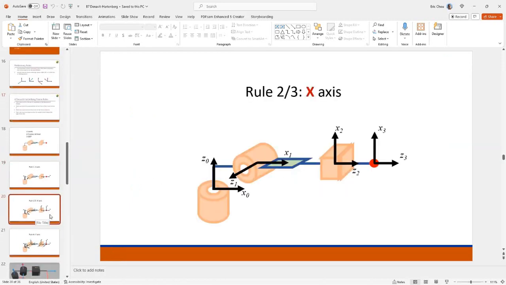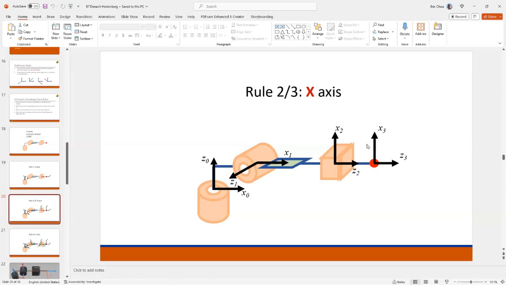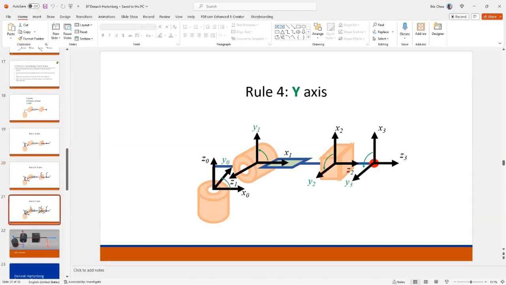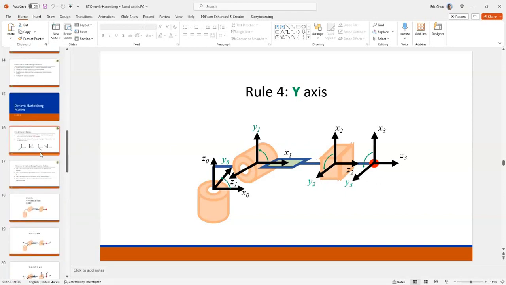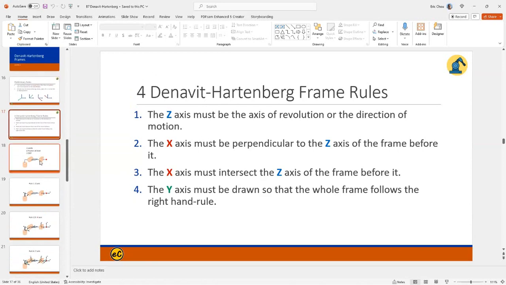So x must be perpendicular to the Z, so we assign some x there. The y direction must follow the right-hand rule, so we set up this. So now the 4 frames for the Denavit-Hartenberg frame are set up.